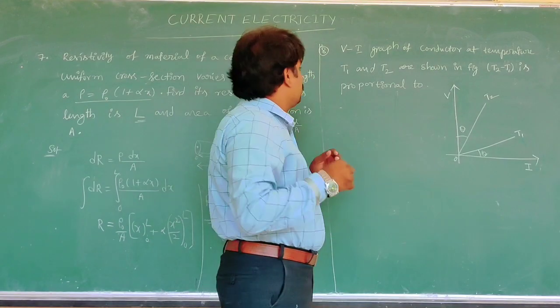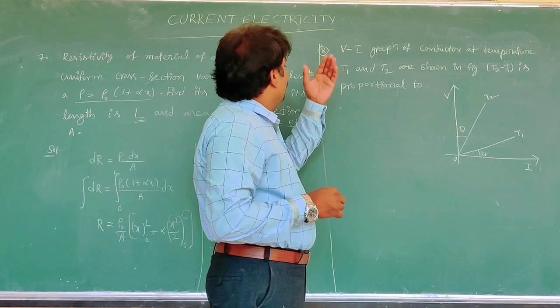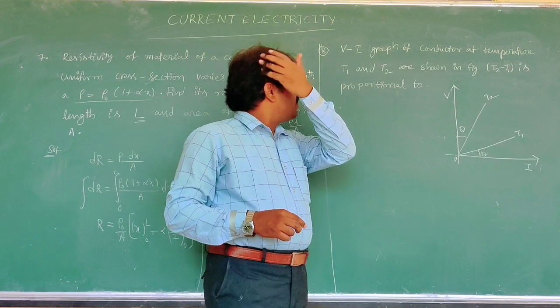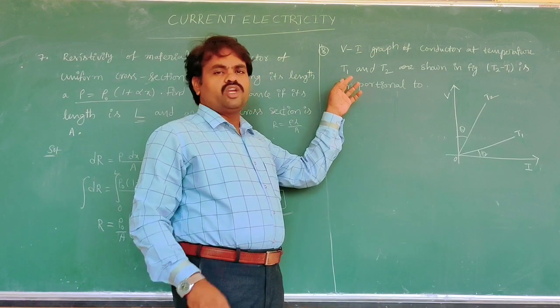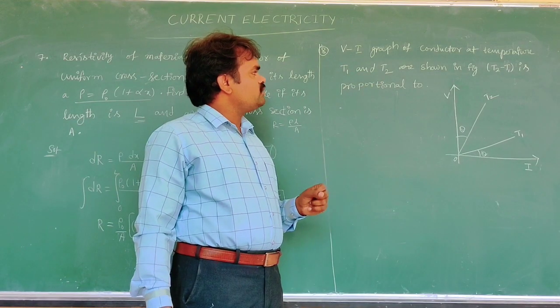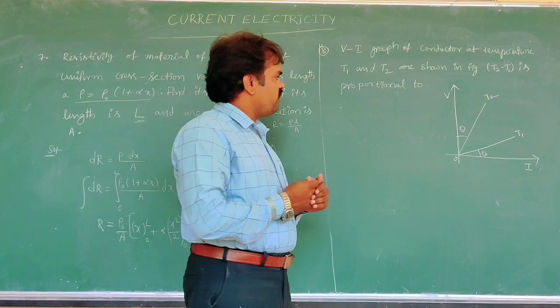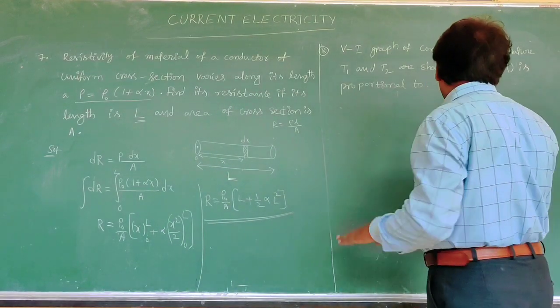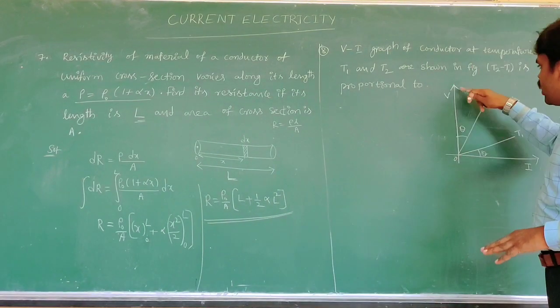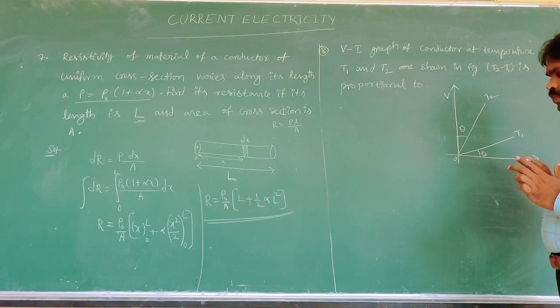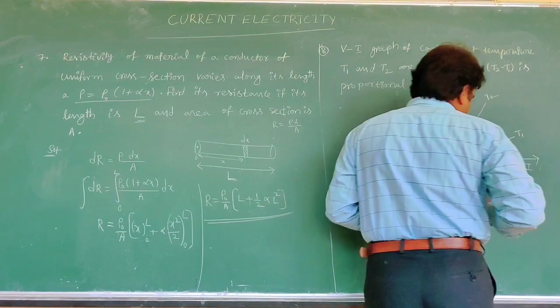Now we are going to discuss the 8th one. The VI graph of a conductor at temperatures T1 and T2 are shown in the figure. T2 minus T1 is proportional to what, from the given VI graph? V is on the y-axis and I is on the x-axis. Now the slope of this line.